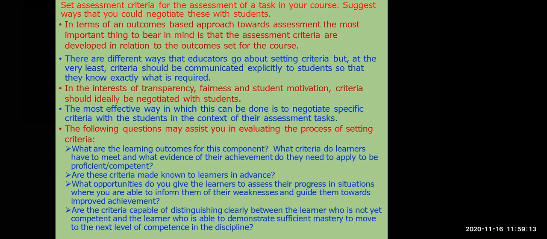Are the criteria capable of distinguishing clearly between the learner who is not yet competent and the learner who is able to demonstrate sufficient mastery? How do you do that? The criteria have to be very good. In the present system also, the whole aim of the marking system is that we want to differentiate the students, that these are the good students, these are the not so good students, these are the bad students.